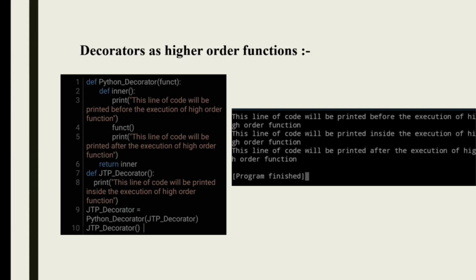JTP underscore decorator equals python underscore decorator of JTP underscore decorator. JTP underscore decorator. Here we get output as this line of code will be printed before the execution of higher order function. This line of code will be printed inside the execution of higher order function. This line of code will be printed after the execution of higher order function.